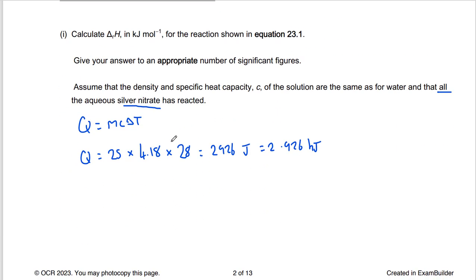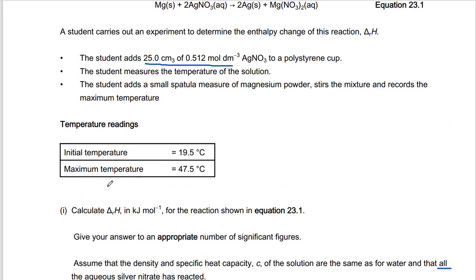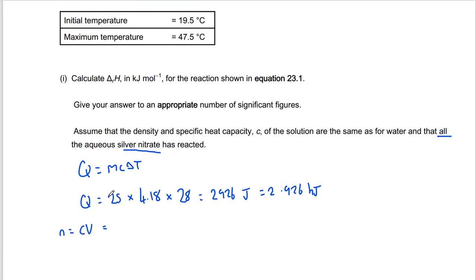So moles of silver nitrate, n equals CV, and that's going to be 0.512, which is the concentration, multiplied by 25 over 1,000. And if we do that, we're going to get 0.0128.